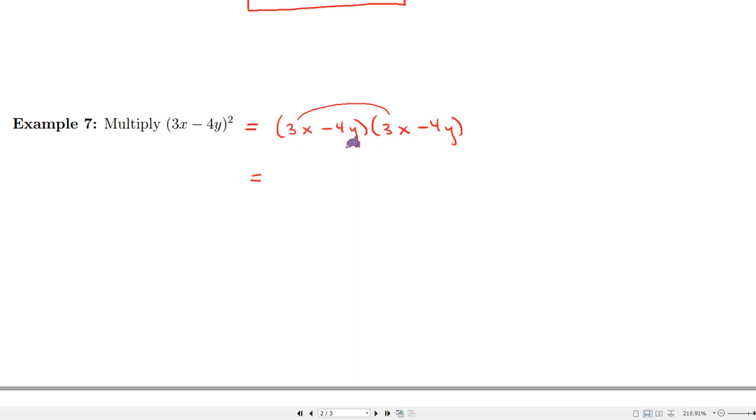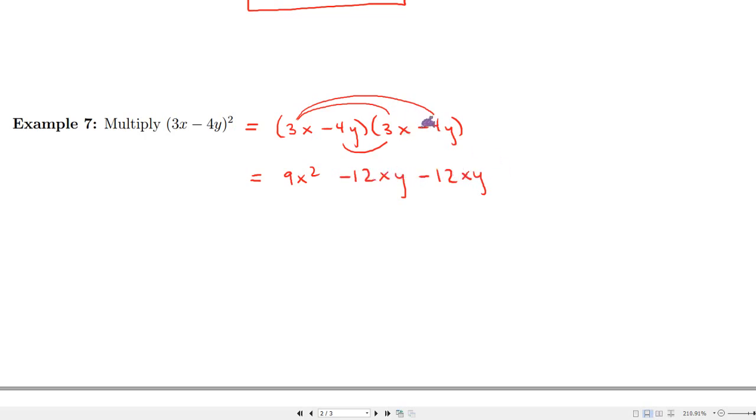So first, we'll have 3x times 3x is 9x squared. The outside two will be 3x times minus 4y, which is minus 12xy. The inside terms, minus 4y times 3x would be minus 12xy. You could write yx, but it's the same as xy.